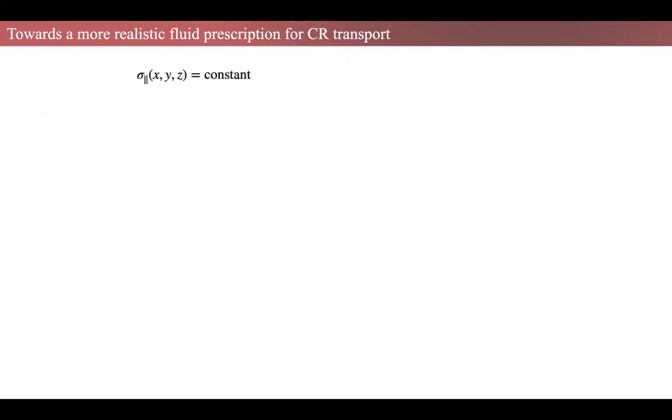Now, as I said, with my work, we try to go beyond the classical assumption of constant cosmic ray scattering. So we move beyond this assumption, and we derive an expression for the cosmic ray scattering coefficient that depends on the properties of the gas and cosmic rays themselves.